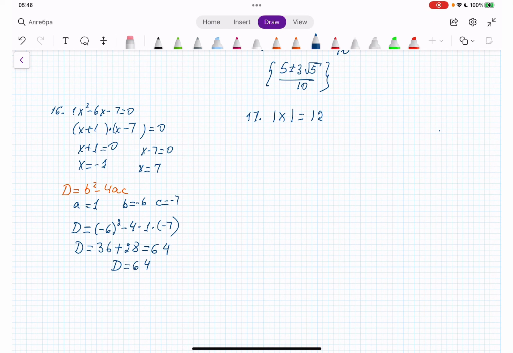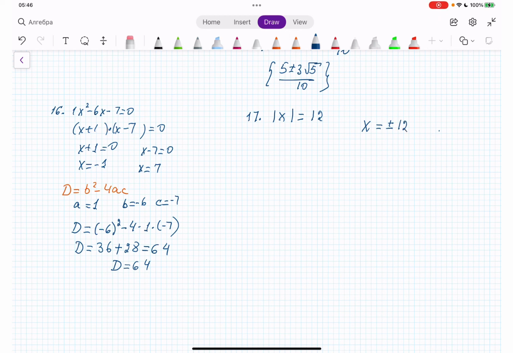Otherwise, it's an x. We have no idea if it's going to be positive or negative, right? Therefore, if I take x out of absolute value, x is going to be equal plus minus 12.